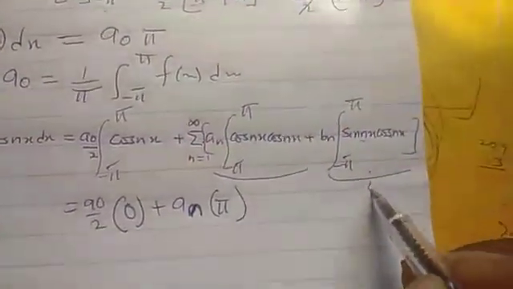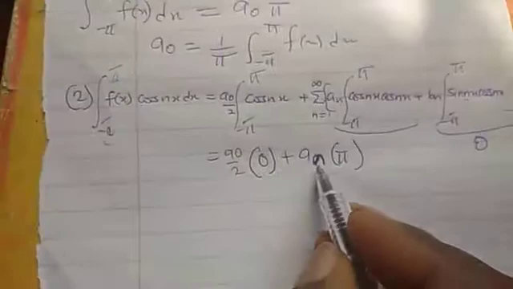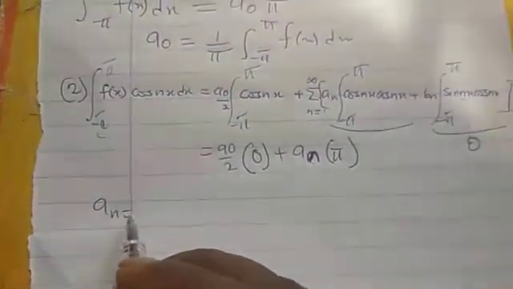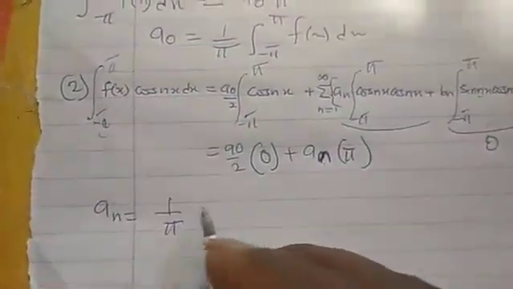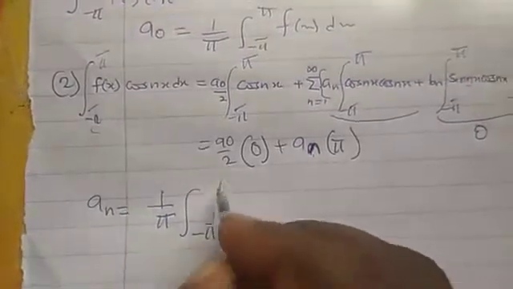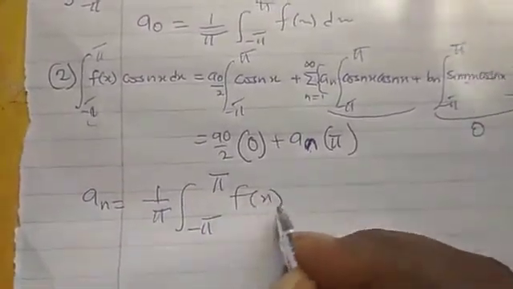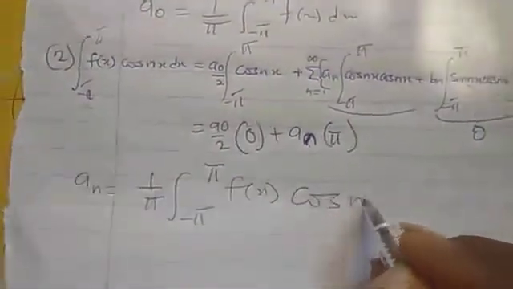But when you are merging sine and cos together, it will always be 0 in this interval. So this one is 0. If you now make a n the subject, you are going to have 1 over pi, integral from minus pi to pi of f of s cos nx dx. So we have just proved the second result.